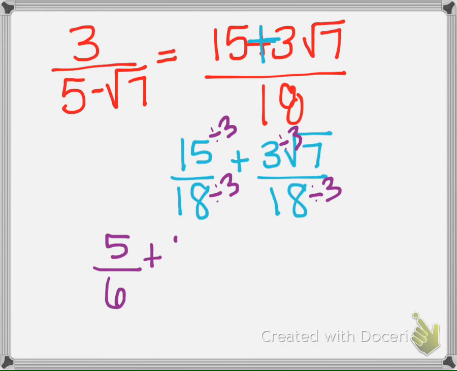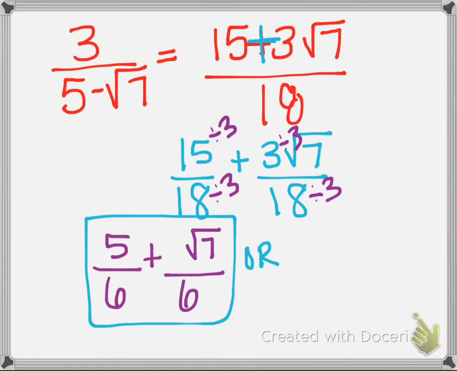And 3 divided by 3 is 1, but we don't have to put 1 in front of a variable or a radical. So we would get this as our answer. Or we could also write it as 5 plus radical 7. Since they have the same denominators, we could write it also like that.